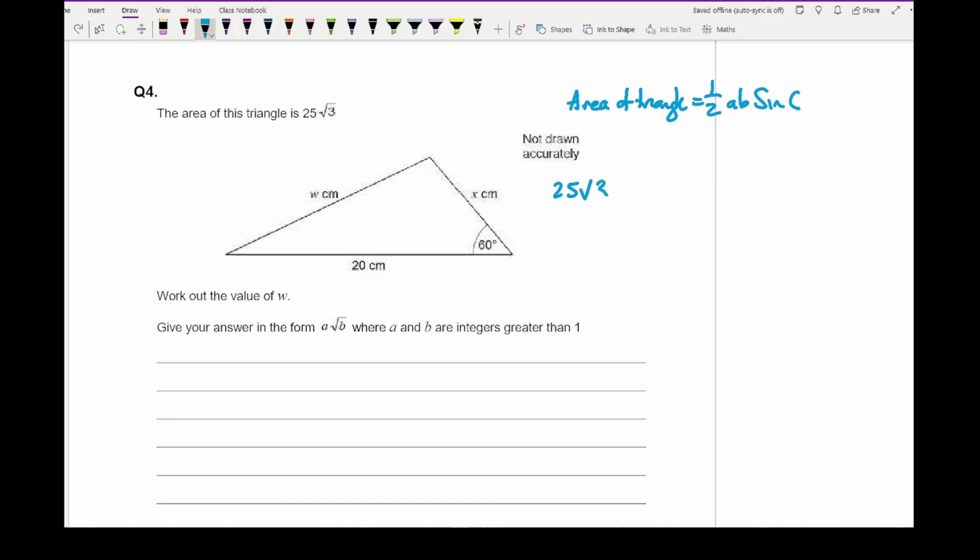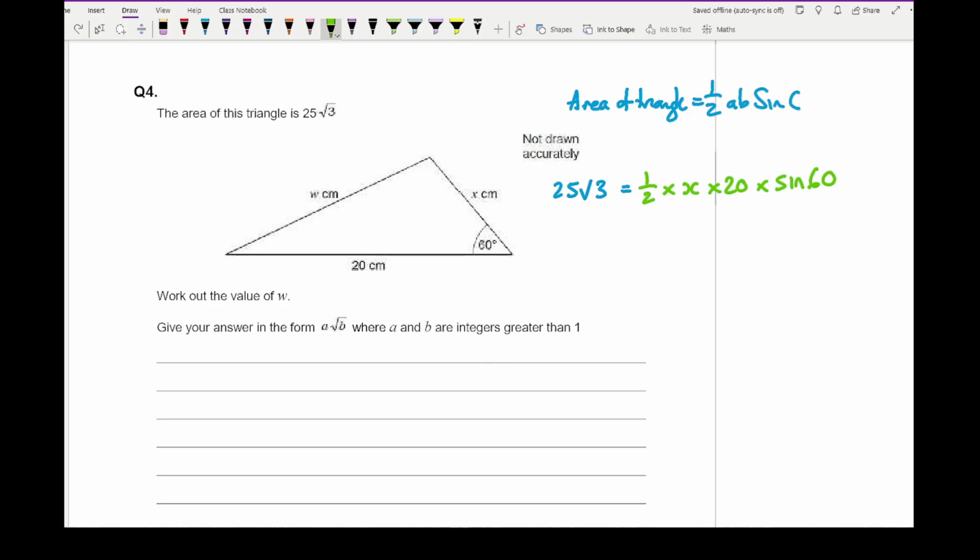I know that 25 root 3 is equal to a half, multiplied by A, which is x, multiplied by 20, multiplied by sine 60. Now sine 60 is an exact value of trig that we need to know, in which sine 60 is equal to root 3 over 2.